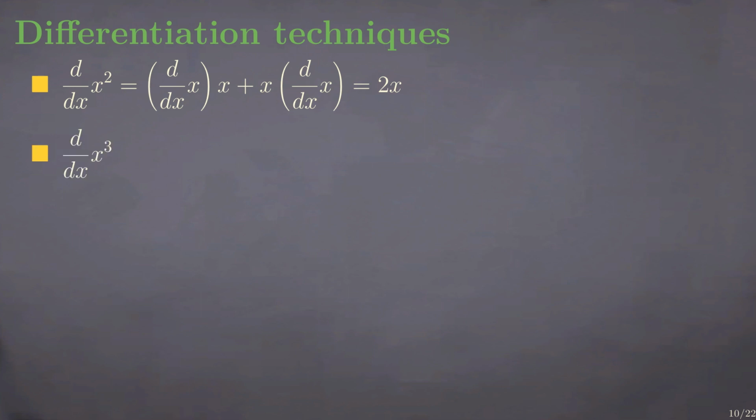And what about the derivative of x to the power 3? Well, this can be considered as the product of x and x squared. You already know that the derivative of x is 1 and the derivative of x squared is 2x. So you can easily get that d over dx of x to the power 3 is 3 times x squared, using the Leibniz rule.